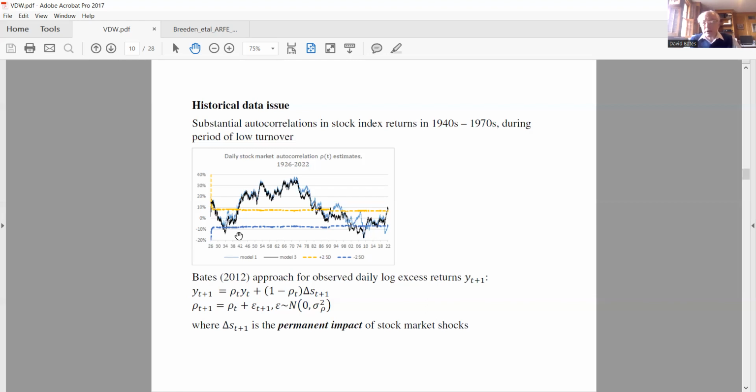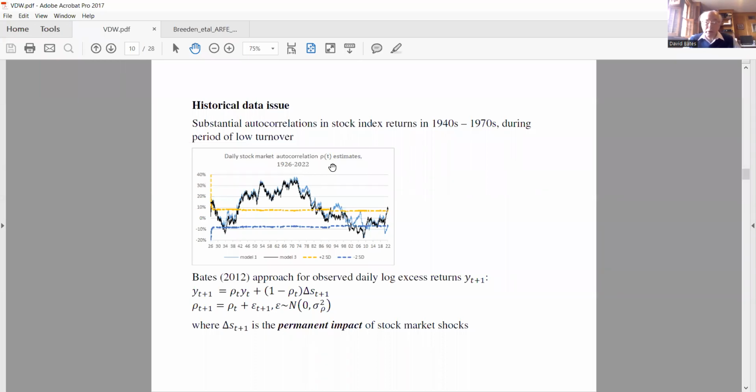Basically turnover was high in this period, low in this period, and high again starting in the 80s and 90s. And as you can see, correspondingly, the autocorrelation of the stock market has fallen to within plus or minus 10%. But back in the 60s and 70s, the autocorrelation was running at 30 to 40%.